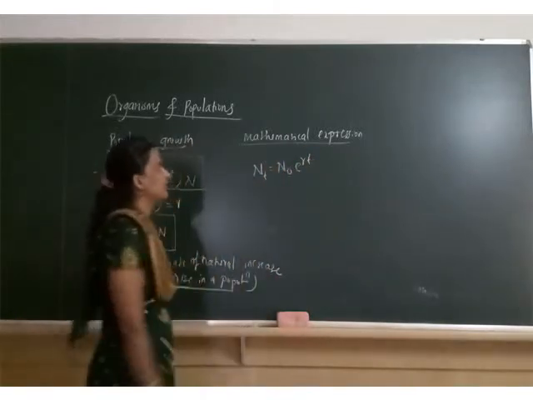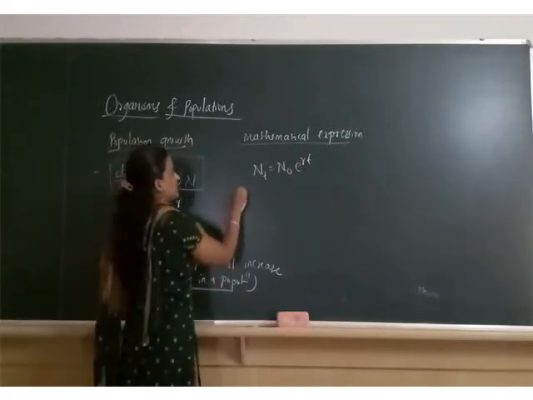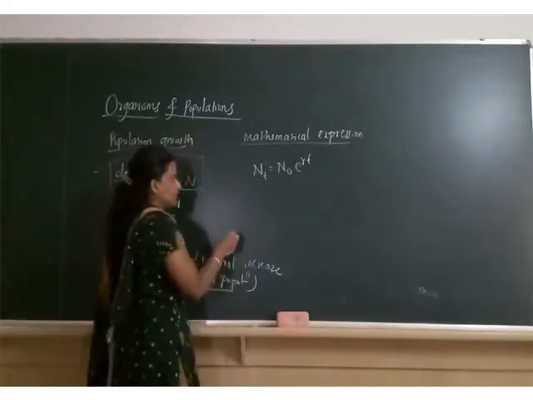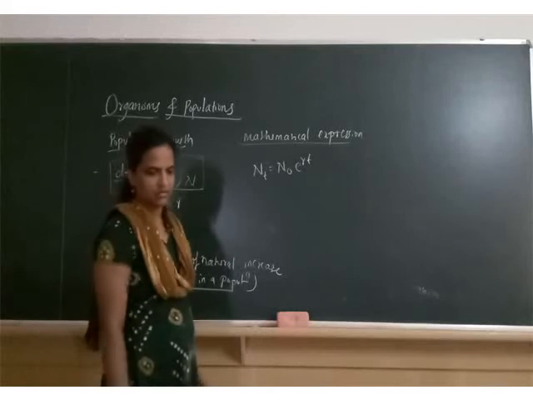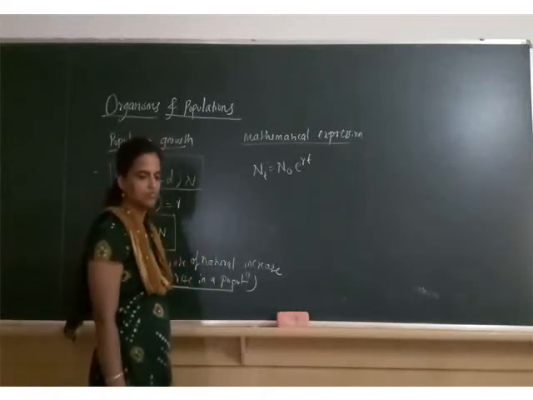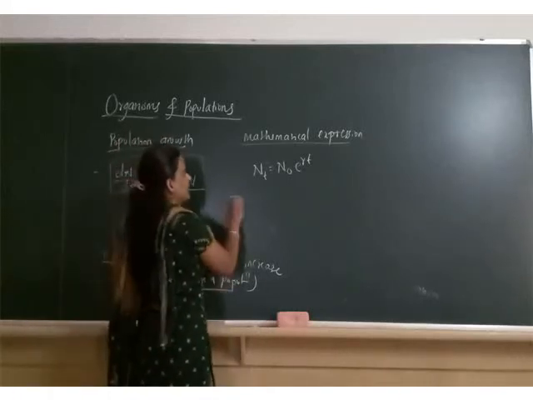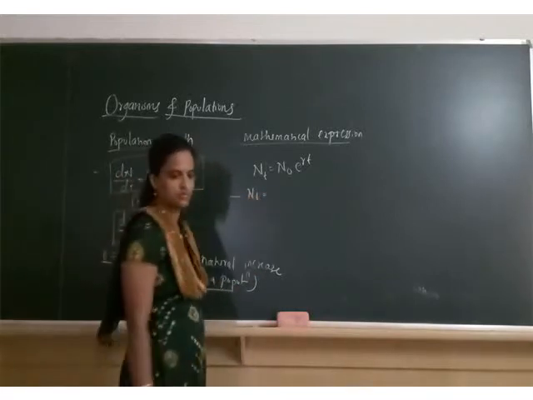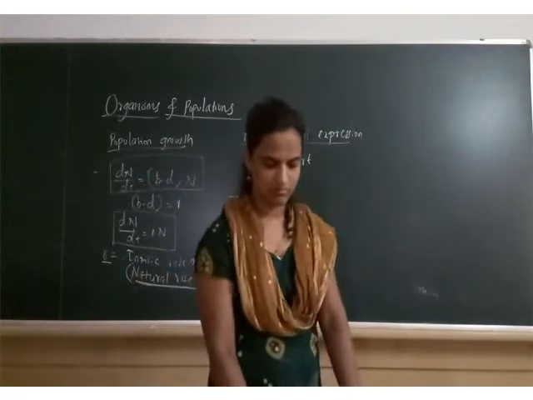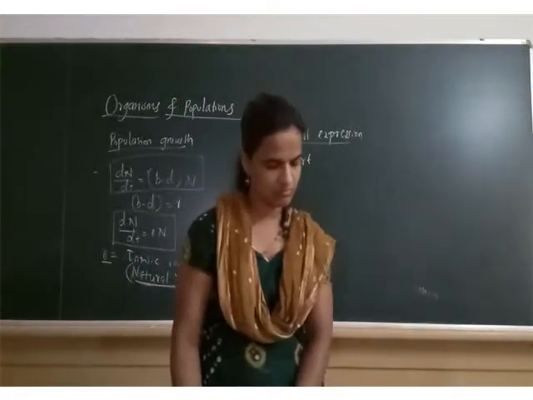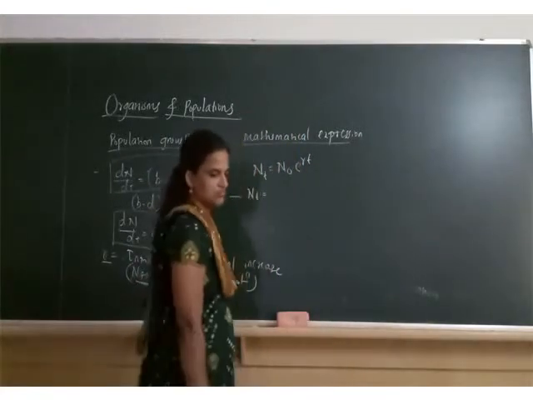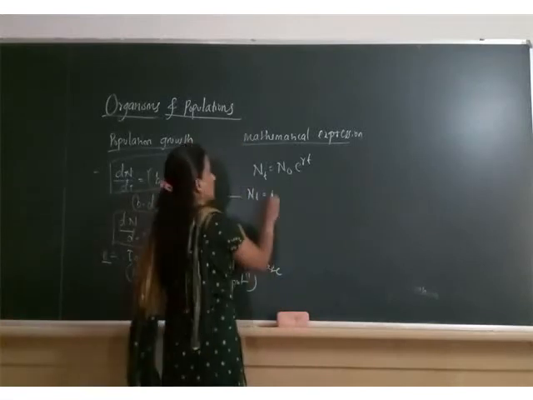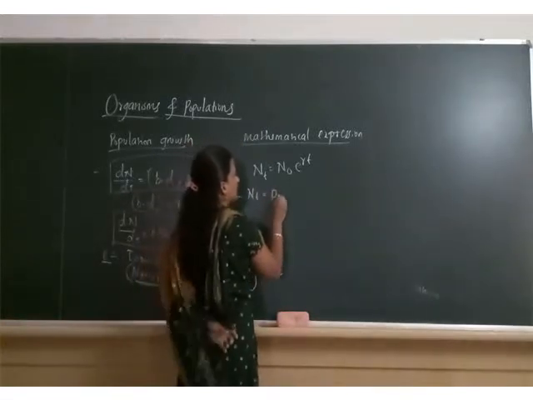This is the mathematical expression. What is this Nt? That is population density, original population size. Nt is equal to population density at time t.